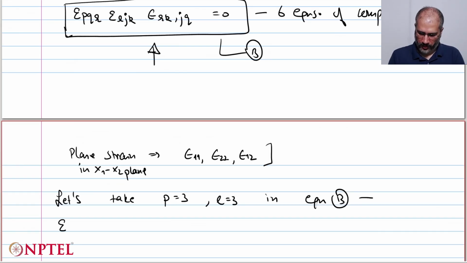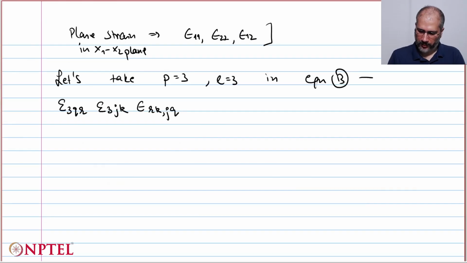So this becomes epsilon 3QR epsilon 3JK times strain RK comma JQ, and this is equal to 0.